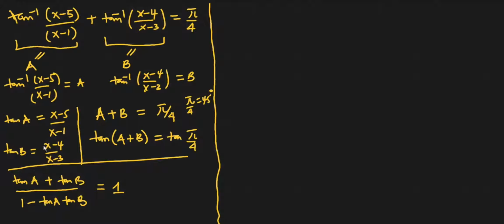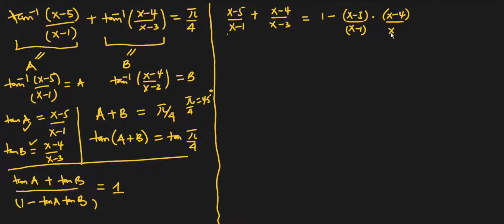And so now let's substitute in. We have tan A, tan B is already given here. We found it, and so we can then substitute in, which comes to x minus 5 over x minus 1, then plus tan B, which is x minus 4 over x minus 3, and this is equal to, we can multiply this side on the other side, so that it becomes 1 minus tan A, which is x minus 5 over x minus 1, then multiplied into tan of B, which is x minus 4 over x minus 3.